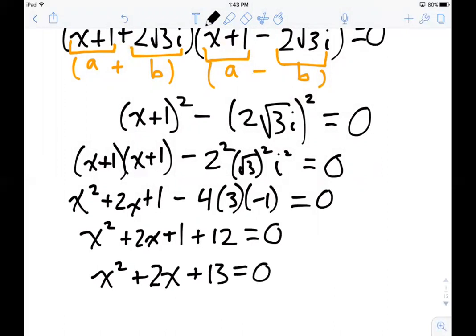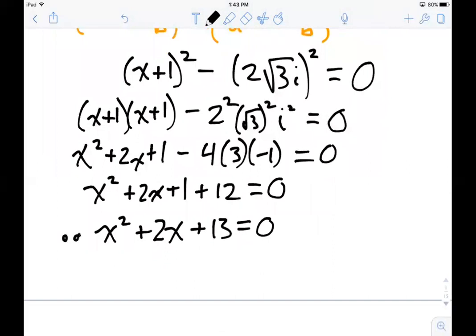So we can say something like, therefore, this equation that we came up with in its fully standard form, expanded and simplified, is the equation with the given roots.